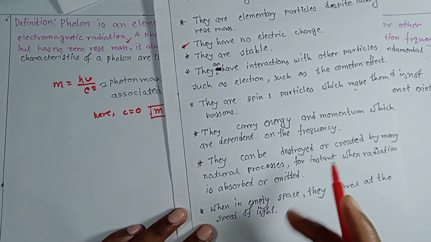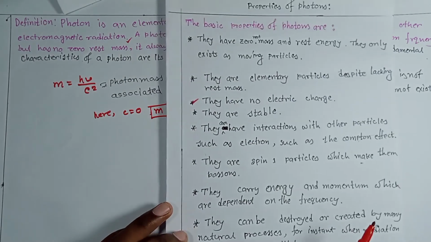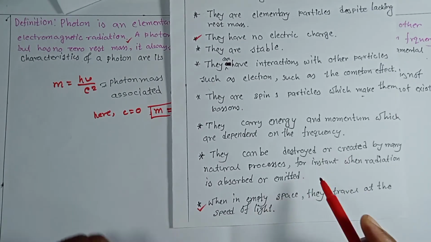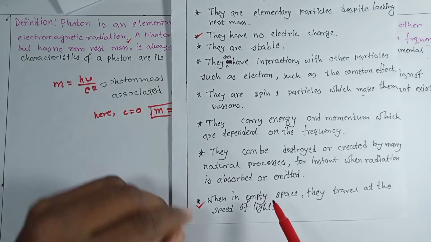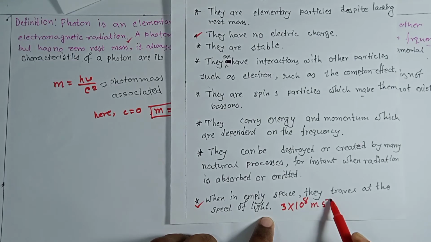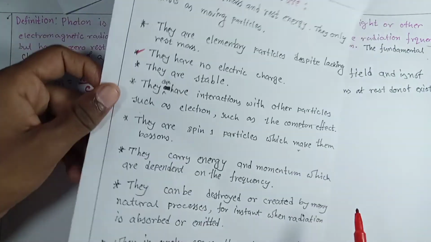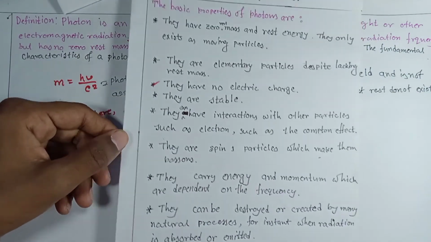When in empty space they travel at the speed of light, that is 3 × 10⁸ meters per second. These are the basic properties of photons.